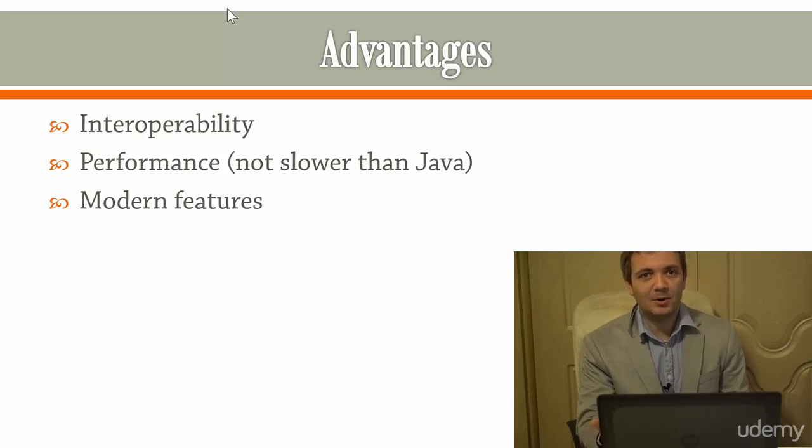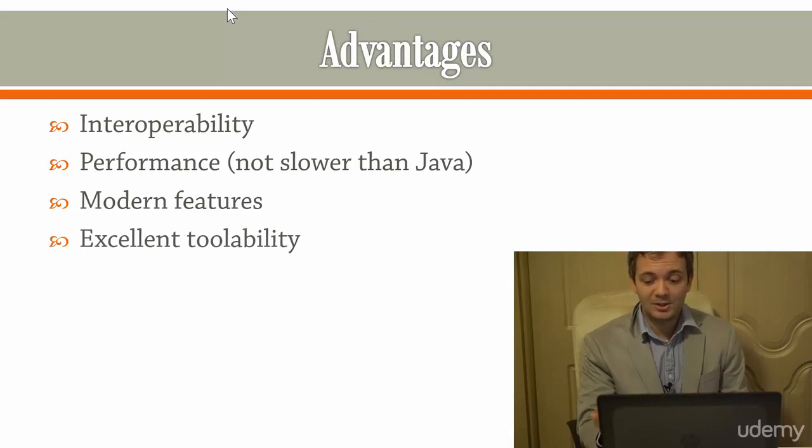Kotlin has obviously modern programming language features. That's what this entire course is all about, looking at the exact awesomeness of those features and how you can leverage them. And finally, I wanted to mention excellent toolability. So with a language like Kotlin, you can get really good tools which are easier to use and which actually provide you more functionality than with a language such as Scala.